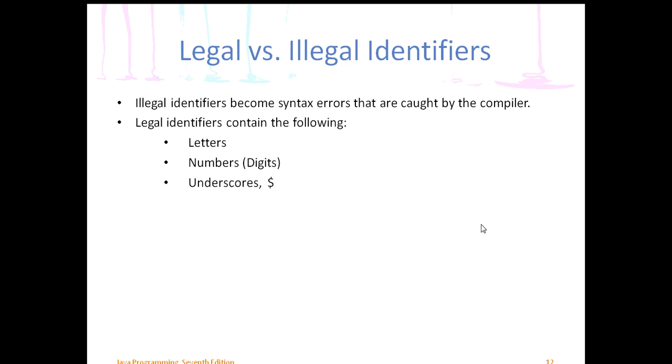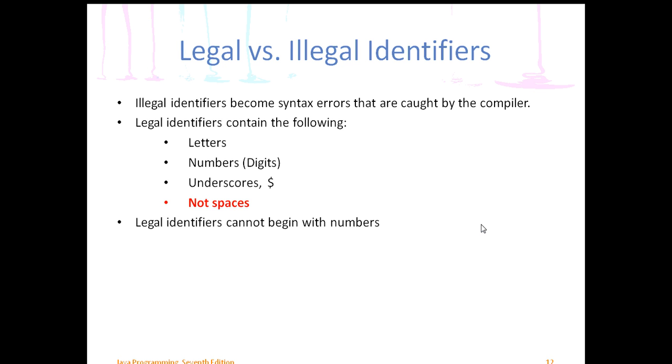One thing to remember, even though it's not mentioned, people try to do this anyways, is you can't put a space in an identifier. So if you have two words like first game, you can't go first space game. The space would be illegal and cause a syntax error.